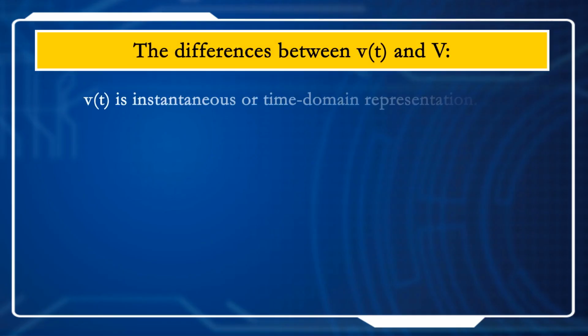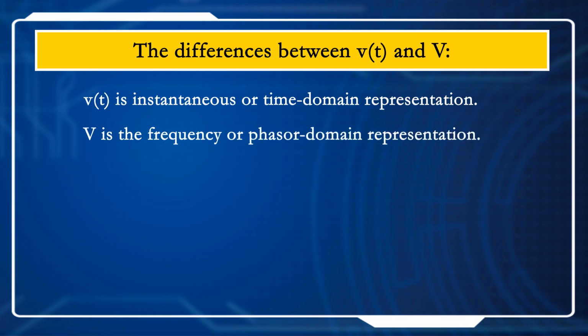Okay, now what are the differences between v(t) and phasor V? v(t) is the instantaneous, time domain representation of a sinusoid value. However, the phasor V is the frequency or phasor domain representation.